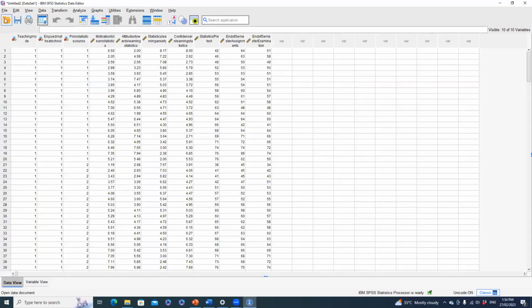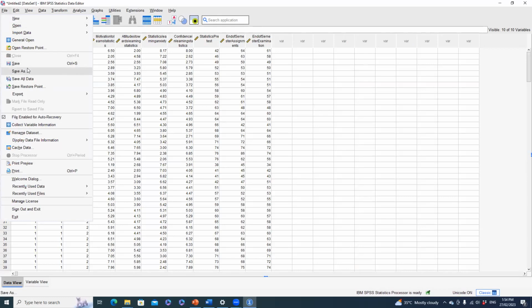Once we've done that, probably the first thing we want to do is save. Even though we've got the Excel spreadsheet saved, we want to make sure that we keep the SPSS data file, because we're going to be doing some manipulations on the data within that file. In order to do that, we go to File again in the corner, and we go to the Save As command.